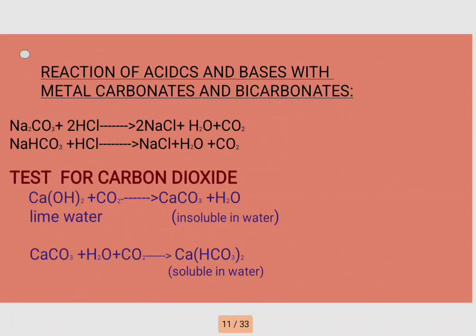This is the reaction of acids and bases with metal carbonates and bicarbonates. This equation in your textbook is very important, so I did it. Na2CO3 plus 2HCl gives 2NaCl, H2O and carbon dioxide also. Okay, then next, test for carbon dioxide.